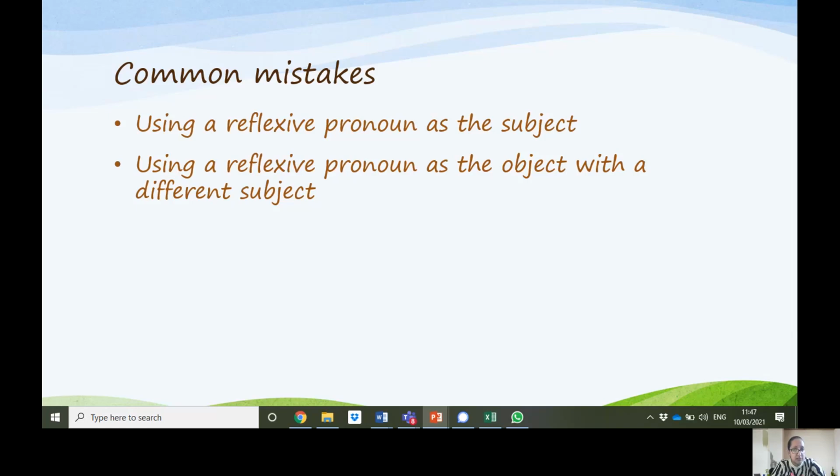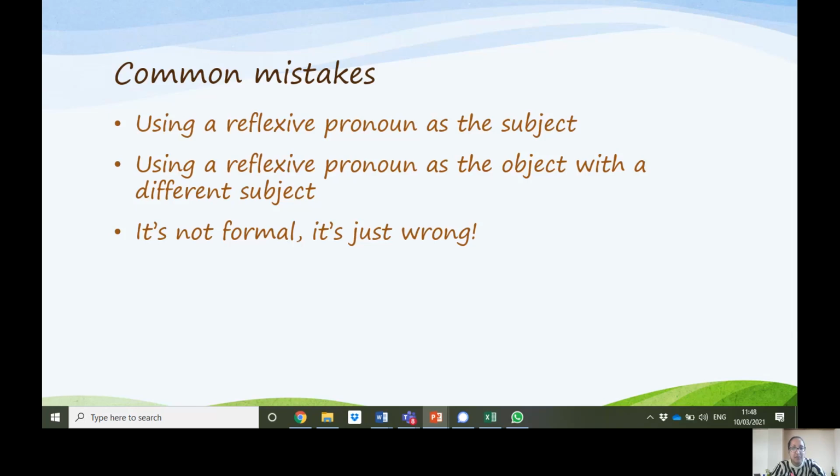Again, we can't do that because we use a reflexive pronoun when the object and the subject are the same. This is quite common, especially in the business world, because people think it's more formal. It's not formal. It's just plain wrong. So I hope you won't make that mistake.